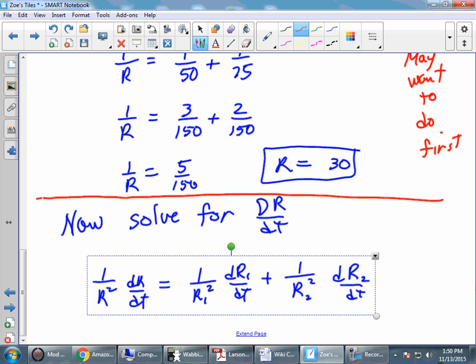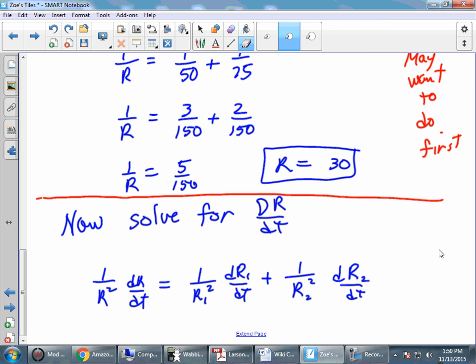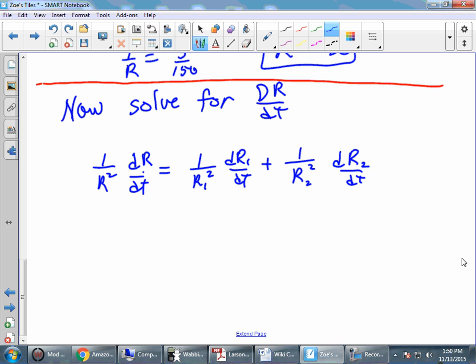So notice right here you've got a dr dt or some semblance of a dr dt. I got in a hurry. Will, you doing okay? Okay, now Will, help me out. Let's solve for dr dt, and then we can plug in everything we know. So help me. Multiply by r squared over 1, and multiply all of this times r squared over 1. We can just leave that. You could distribute, but I don't think you have to.